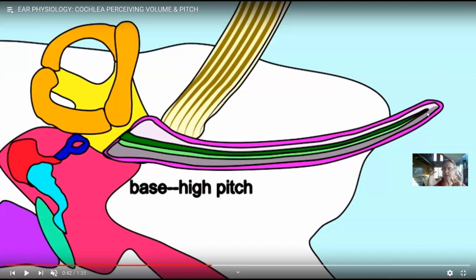And so if high pitch sounds have more energy than low pitch sounds, they then can displace this membrane, all right? But the low pitch sounds can only displace this region, whereas the high pitch sounds, with more energy, then have the strength to displace this area where it is thicker, all right?